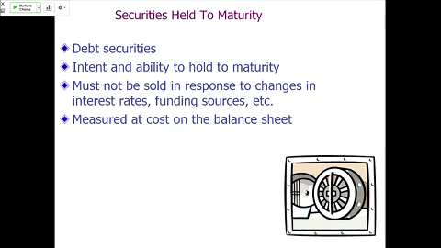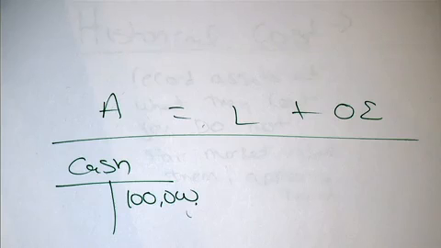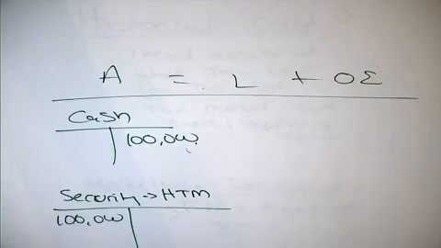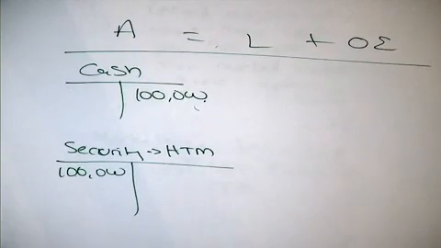And I'm just going to say HTM. $100,000. So that's all we did. We transferred cash into a held to maturity. That's all that happens with that information. It stays on the books for what we paid for it. So held to maturity. It's a bond. We pay $100,000. We get a bond. That's it. That's all you're going to do with it. Make sense?